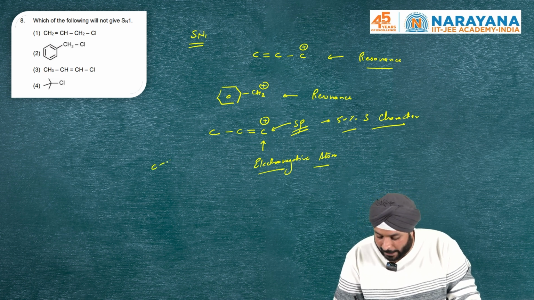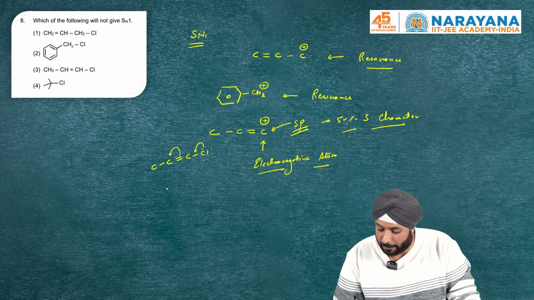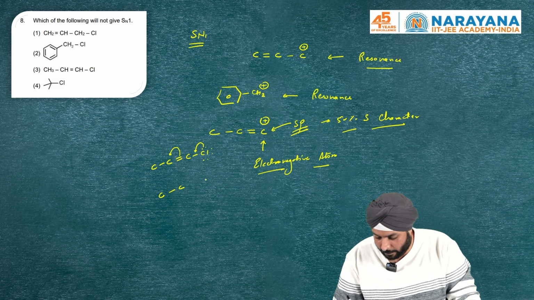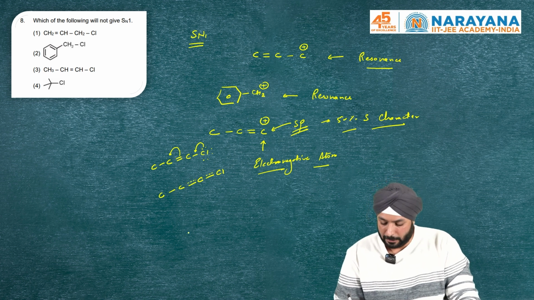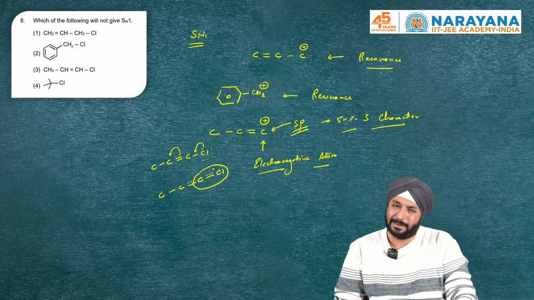Moreover, in a vinyl type system, there exists resonance between the pi bond and chlorine, and because of that you will get a partial pi bond character, and it is very difficult to break that pi bond, right? So yeah, this molecule will not undergo SN1 and SN2 also.